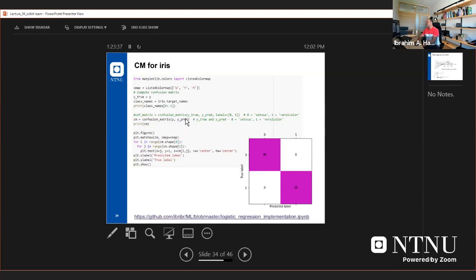For this binary classification problem, we have two classes. We just selected the first 100 points, which correspond to the first two classes, Setosa and Versicolor. So we have 50 class 0 and 50 class 1.